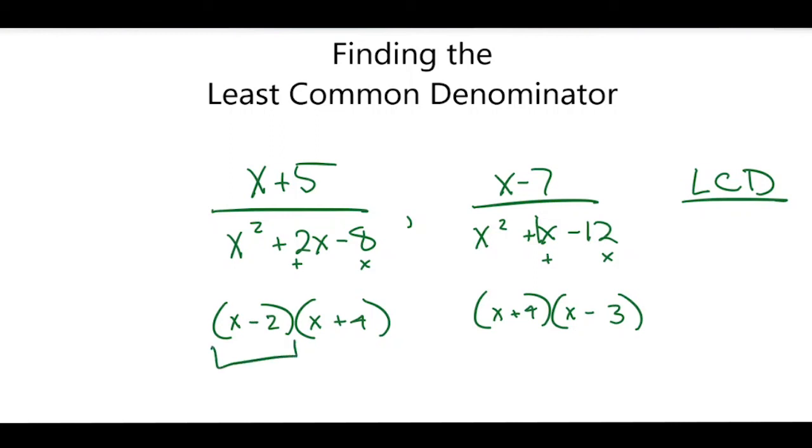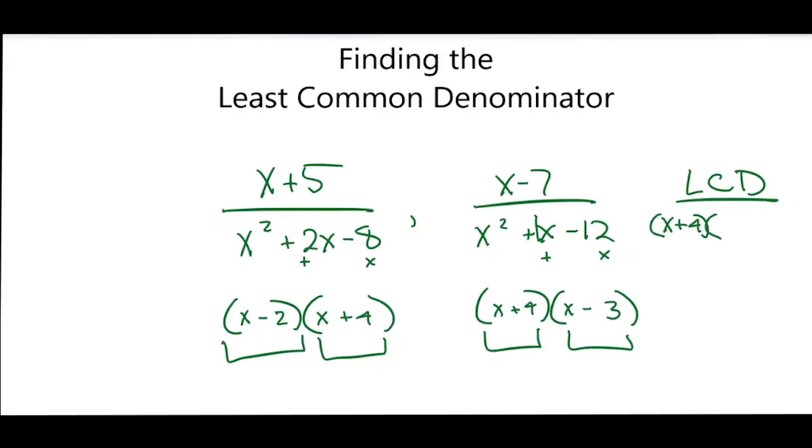Well, this is a factor, this is a factor, this is a factor, and this is a factor. Notice that there are two x plus 4s. So that means I can have an x plus 4 times x minus 2 times x minus 3. And that is our least common denominator.